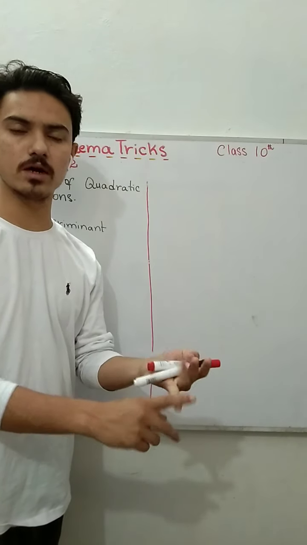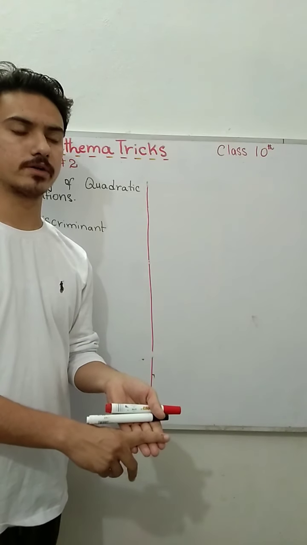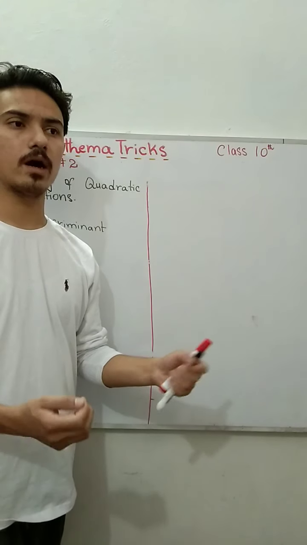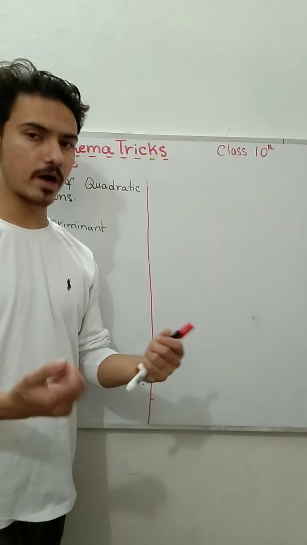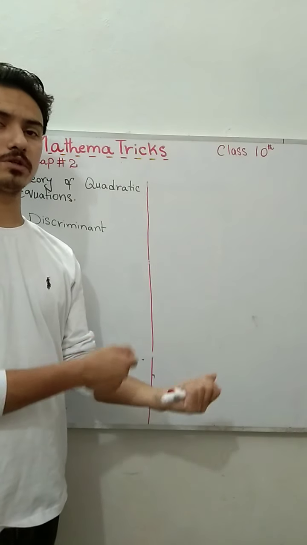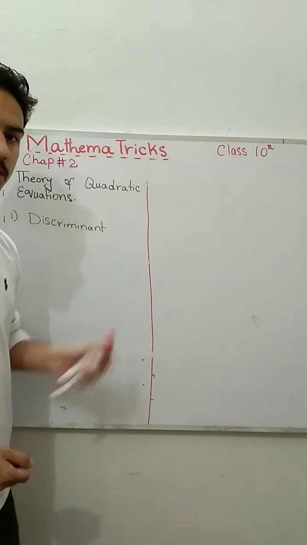Are they rational? Are they irrational? Are they perfect square or not? Or are they equal or not equal? We can find the nature of the roots without solving the quadratic equation, just by a simple term called discriminant.